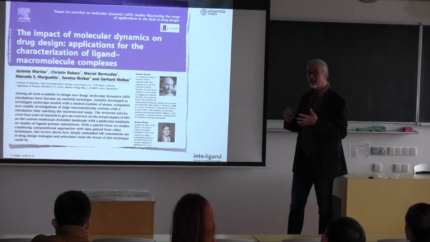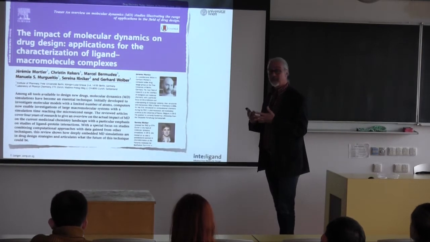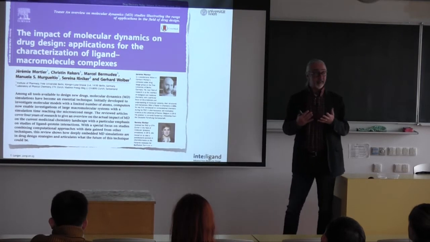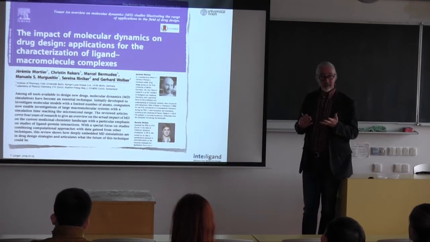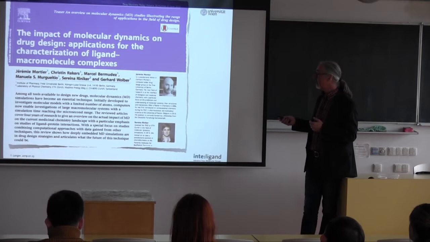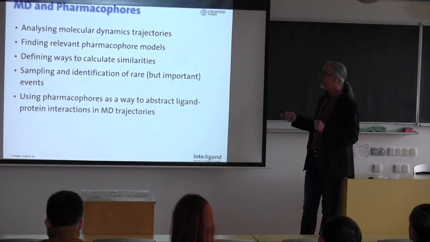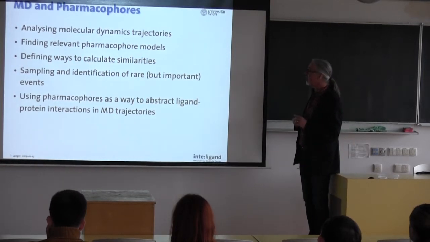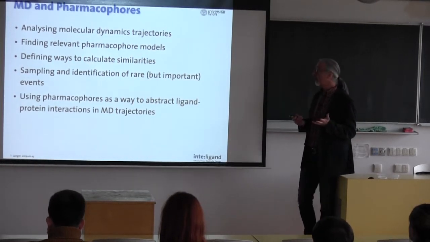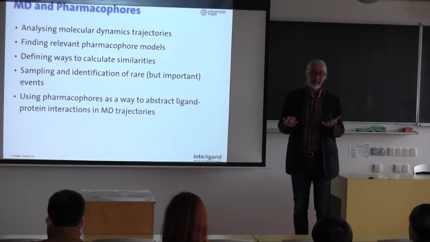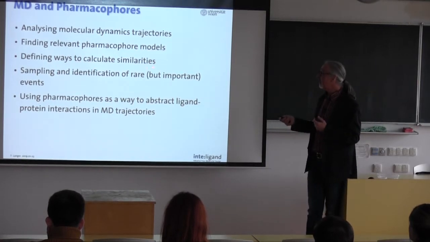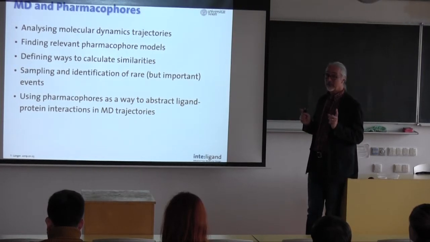So there are really lots of interesting examples where MD simulations were really crucial to find new compounds in industrial drug discovery. So the question is now, when we analyze these MD trajectories, how to find the relevant pharmacophores, and which ways shall we use to calculate similarities between these pharmacophores. We need to be aware that we need to identify rare events that might be important ones.